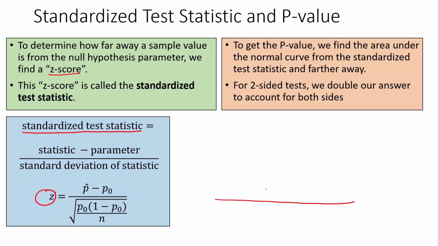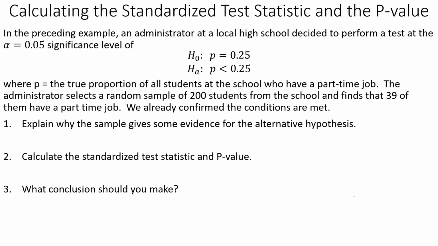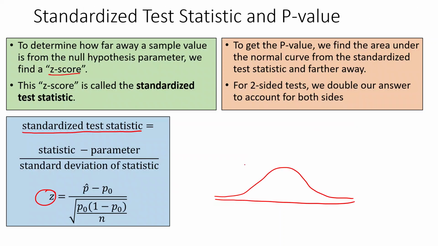So what we're going to have is our distribution with 0.80 in the middle. We've got 0.64 here for our sample. That was our p-hat. This was the mean of the sampling distribution, what we think it is. So we're going to figure out how far away that is, how many standard deviations away, and that's going to be the z.